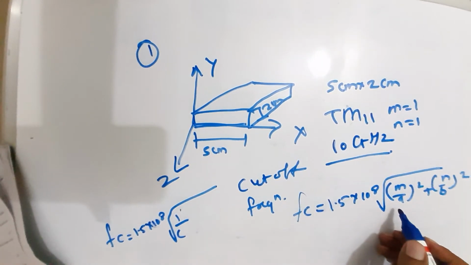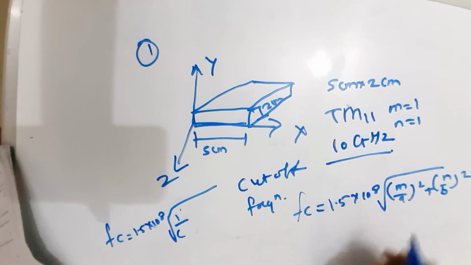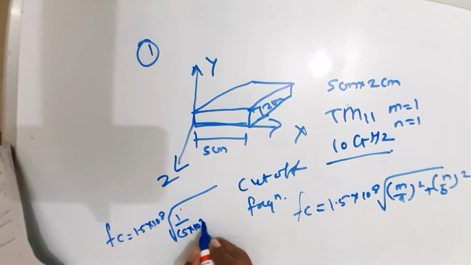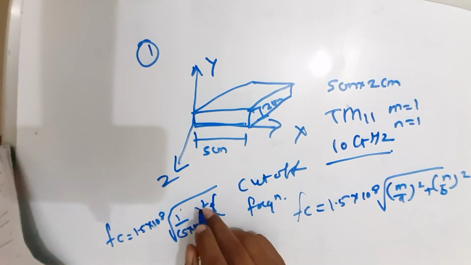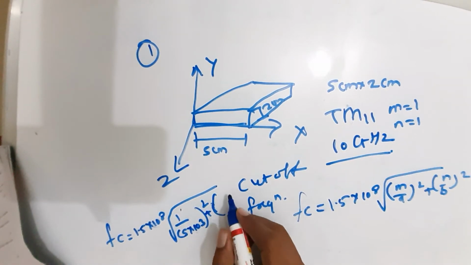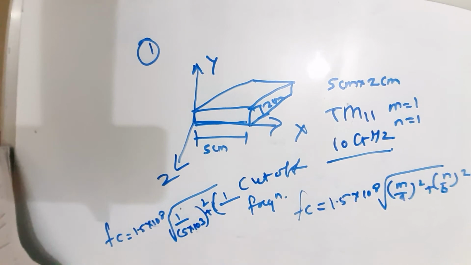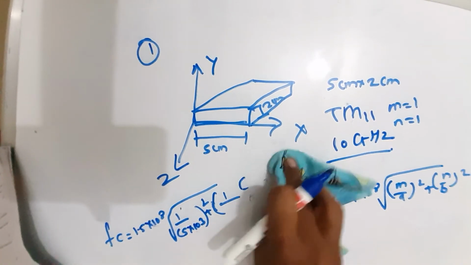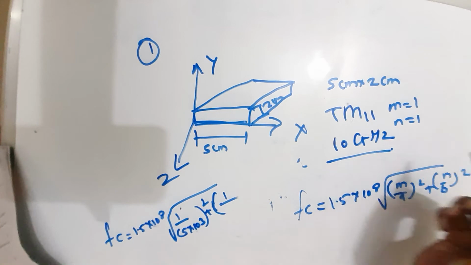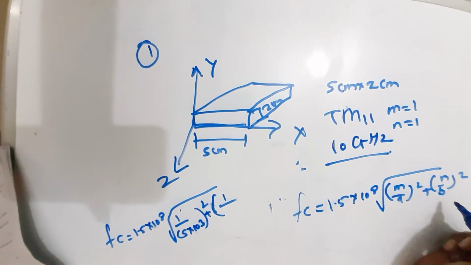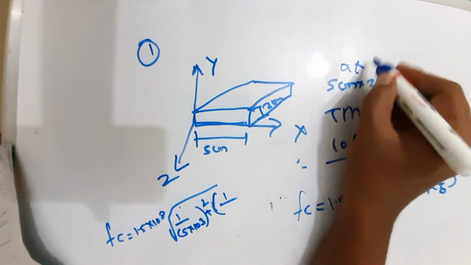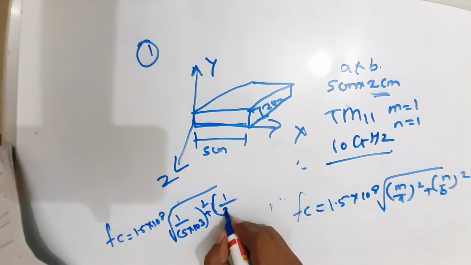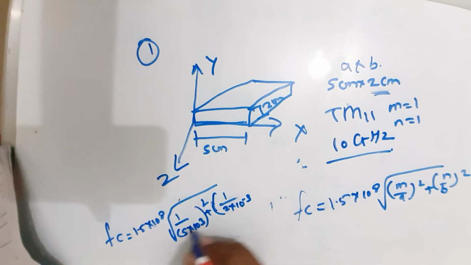Firstly, I will convert this into meters. So 5 into 10 raised to minus 2, square, plus 1 divided by b. Here n is 1, b value is 2 centimeter, so 2 centimeter means 2 into 10 raised to minus 2, square.